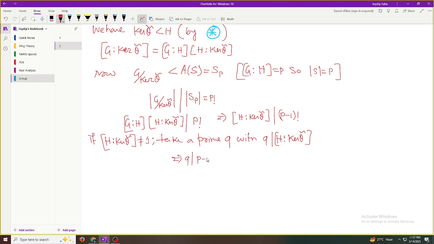So q should divide (p minus 1) factorial. This implies q is less than p.